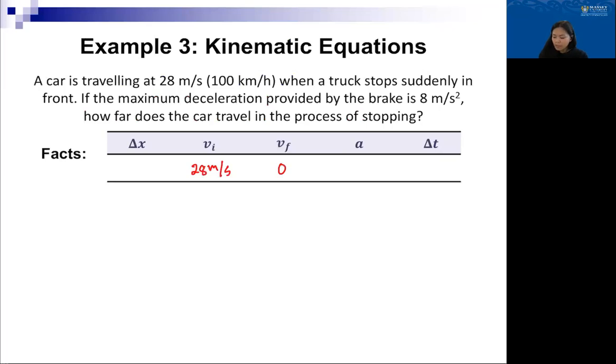Right, so we slammed on the brake. When we slam on the brake, we will slow down, right? So in the process of stopping, we're slowing down. And that's actually what deceleration means. You're slowing down, and when you're slowing down, the acceleration will be negative, because your final speed is smaller compared to your initial speed.